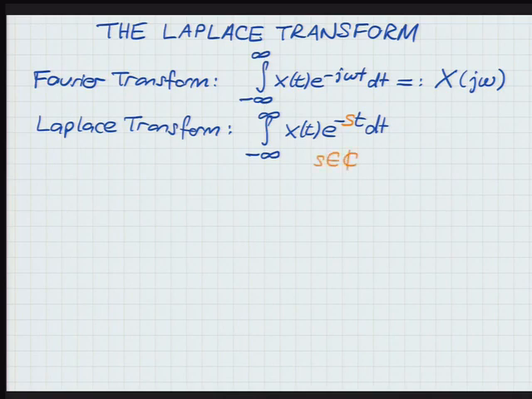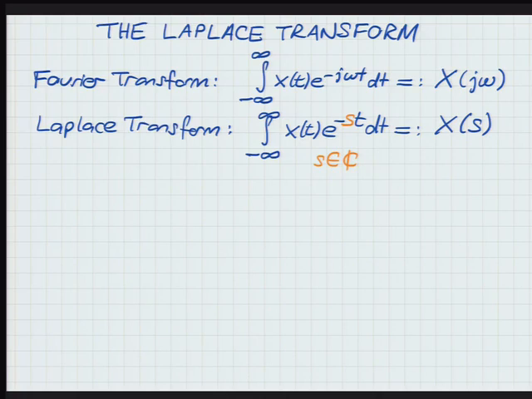Okay, so unlike the Fourier transform, where we have a function of one real variable omega, we now have a function X of s that's a function of a complex variable s. All right? So when we say it's a function of a complex variable, that really means it's a function of two things, right? The real part and the imaginary part. So it really is a function of two variables.